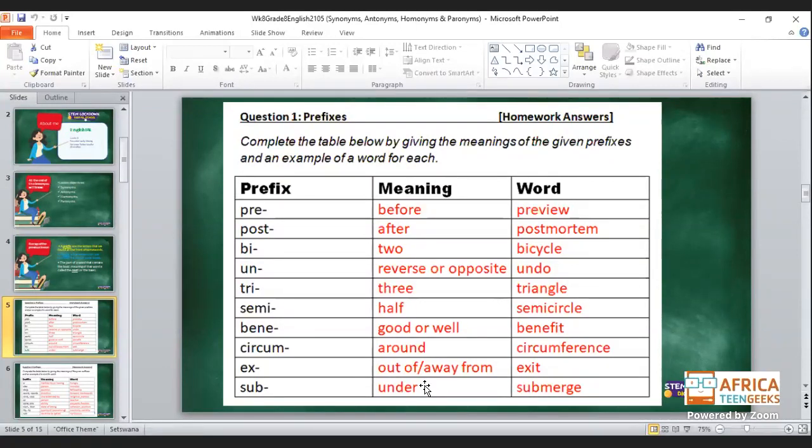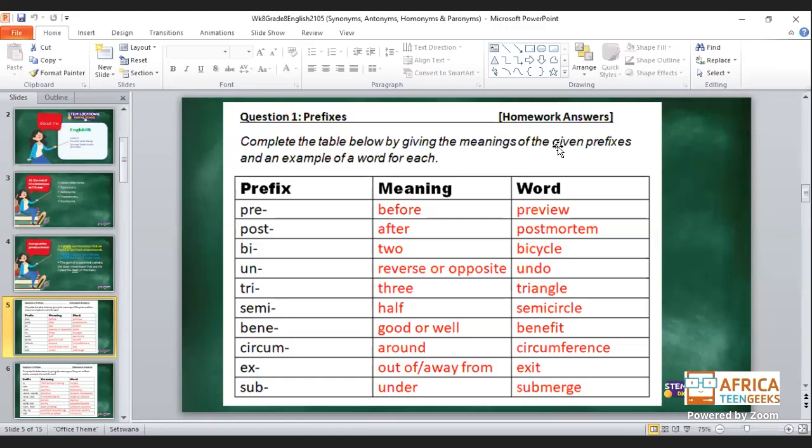Right, so here are the answers for question 1, which was about prefixes. Remember, I gave you these 10 prefixes and I asked you to write the meaning of them and to also give a word which is an example of how those prefixes can be used or are found in certain words.